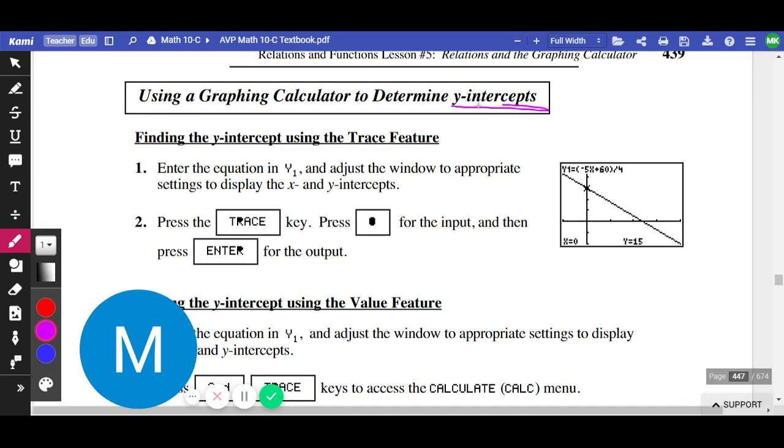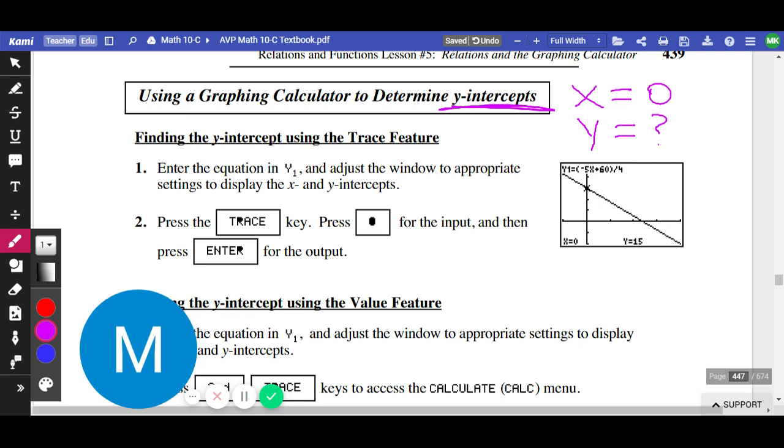Determining the y-intercept. Here's the trick. What do we know about all y-intercepts? X equals 0. So what they're really asking you is what does y equal when x equals 0? Your calculator can take inputs really easily, right?